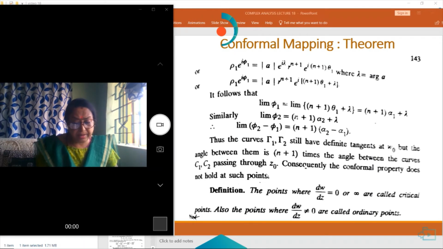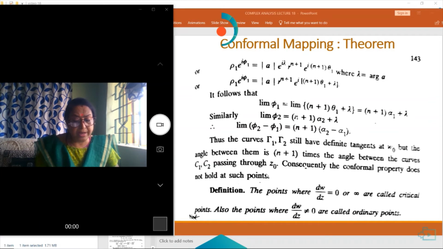Similarly, rho 2 can be written this way. So the limit of phi 1 is equal to (n+1) alpha 1 plus lambda, and the limit of phi 2 is (n+1) alpha 2 plus lambda. So the limit of phi 2 minus phi 1 is equal to (n+1)(alpha 2 minus alpha 1).